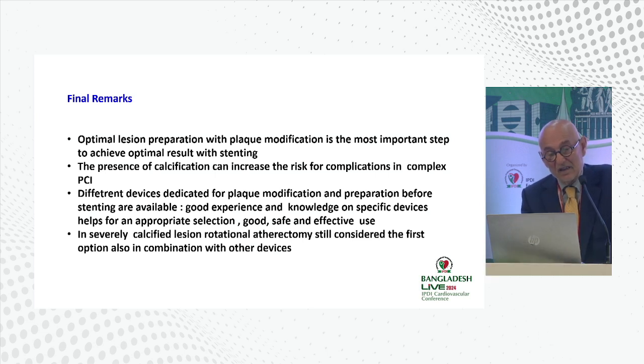Different devices dedicated to plaque modification and preparation before stenting are available. Good experience and knowledge of specific devices help for appropriate selection and safe, effective use. And in severely calcified lesions, at the present time, rotational atherectomy is still considered the first option, also in combination with other devices. Thank you very much for your attention.